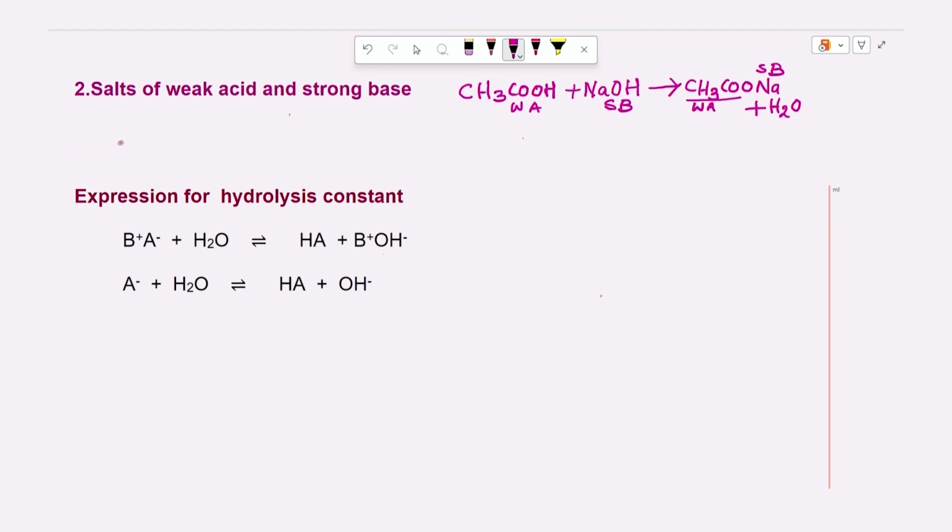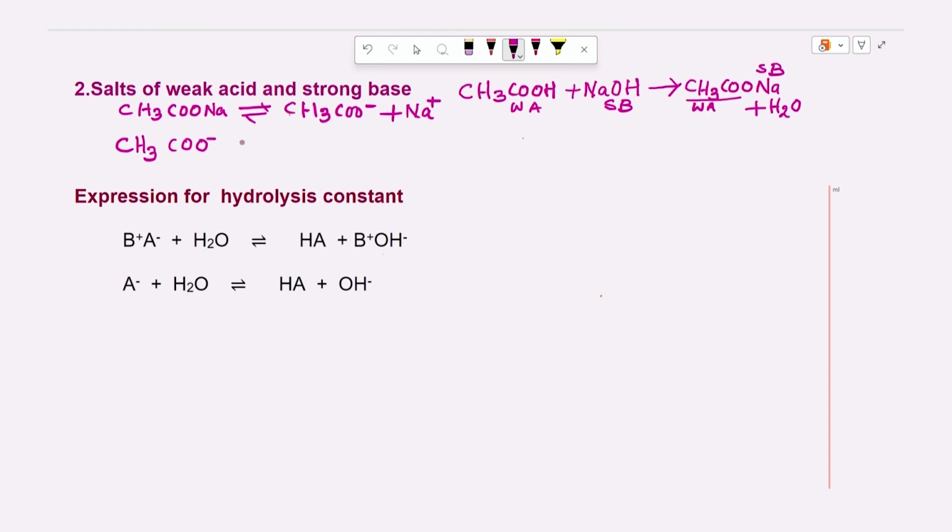The acetate ion is derived from the ionization of this salt of weak acid and strong base: CH3COO- is the anion, and Na+ is the cation from the strong base.